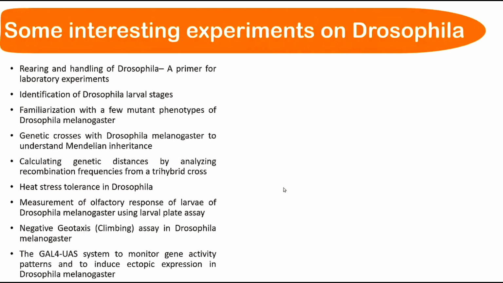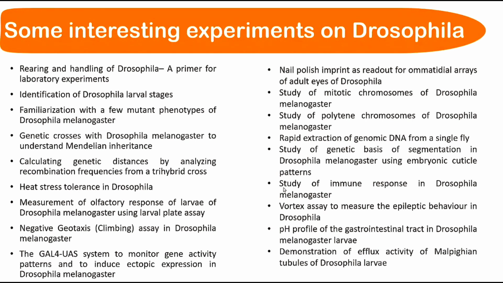This is called ectopic. Ectopic means something which is not in the normal place, which we refer to sometimes in pregnancy also. Normal pregnancy takes place in the uterus of the human body, right? So if the pregnancy takes place in the fallopian tube or some other organ, you call it ectopic pregnancy. Similarly, in Drosophila, you can express eyes in some other part, right? So that is also another interesting part.